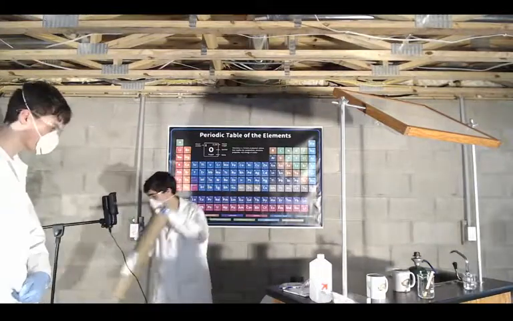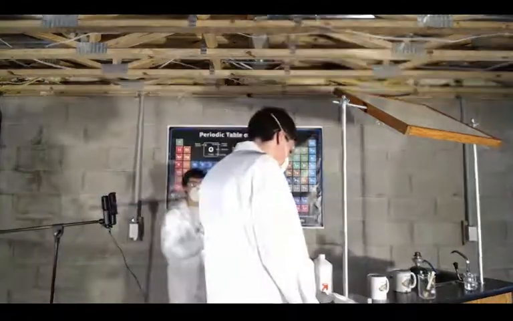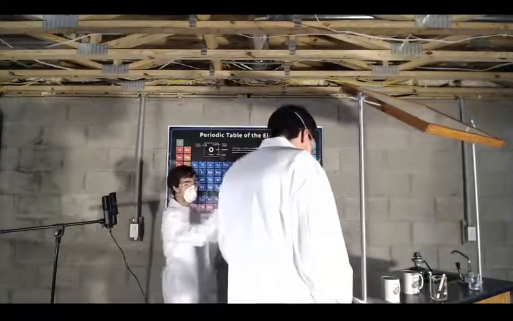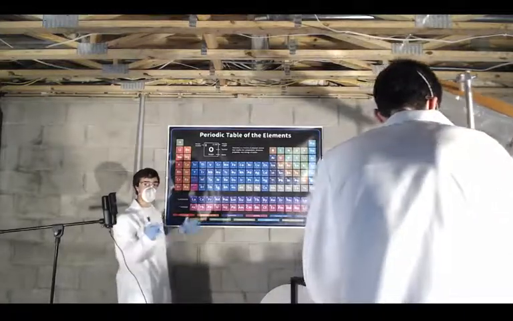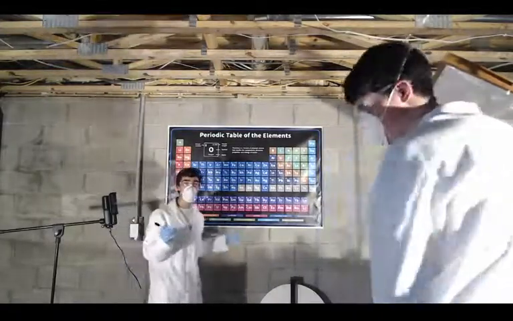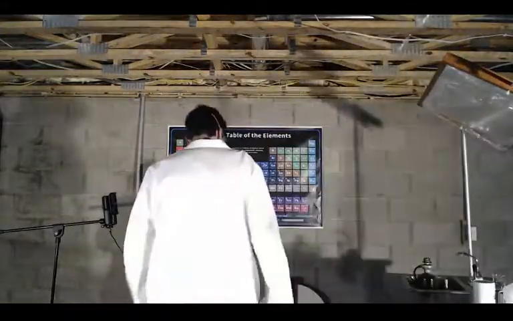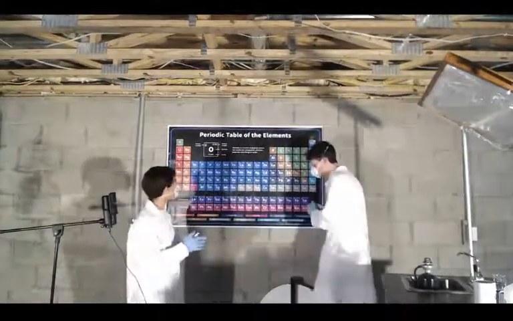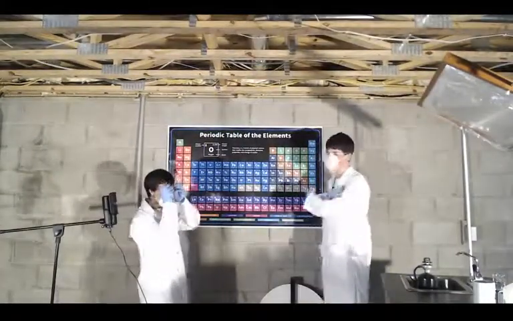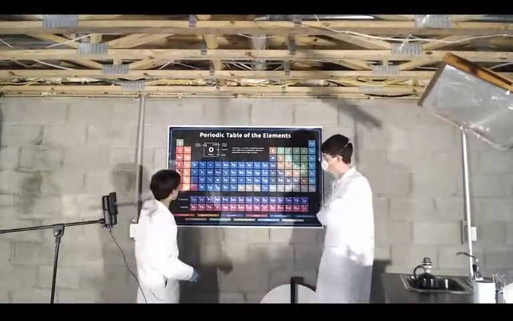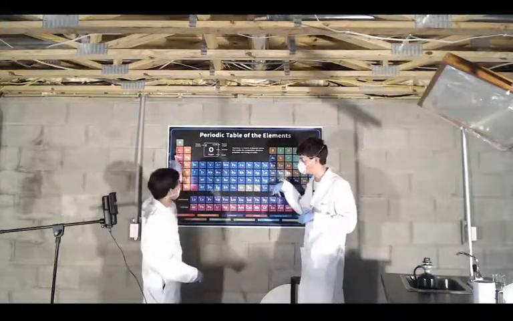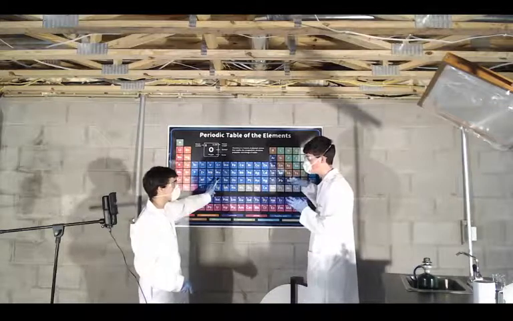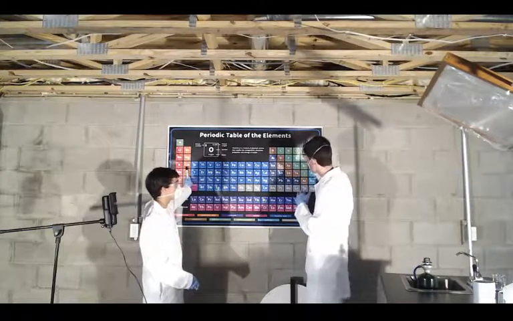So, let's take a look at the periodic table. If we look at these elements, it's really quite interesting the way they're organized. The elements of the periodic table are organized in families, which we call periods. They are the up and down, and groups are left to right.